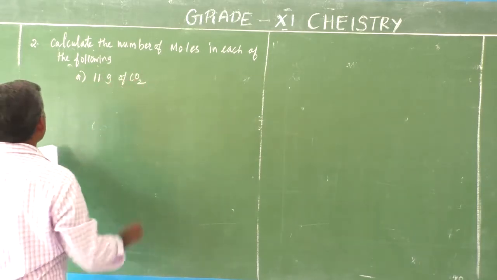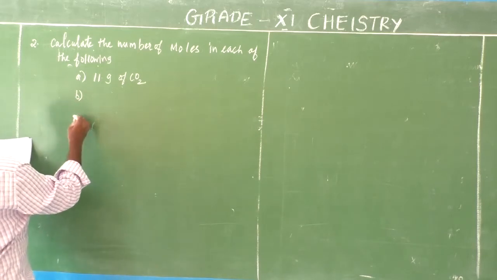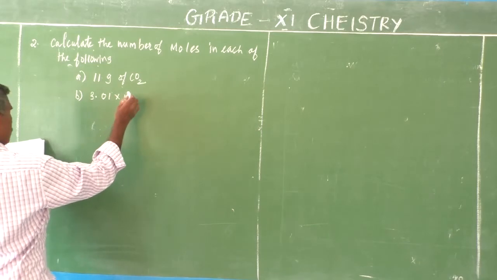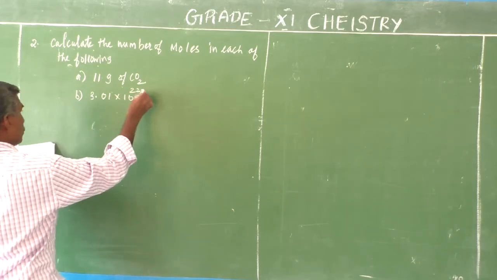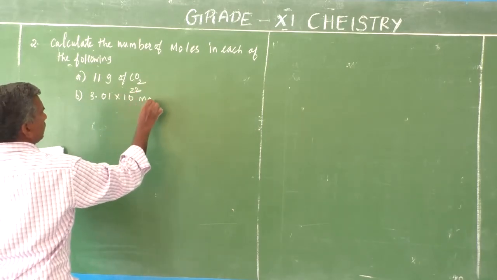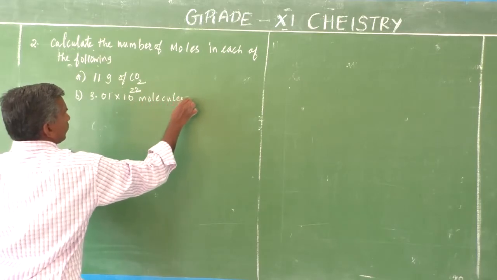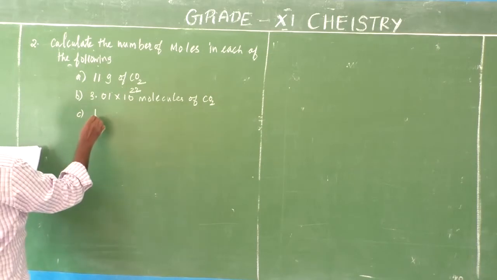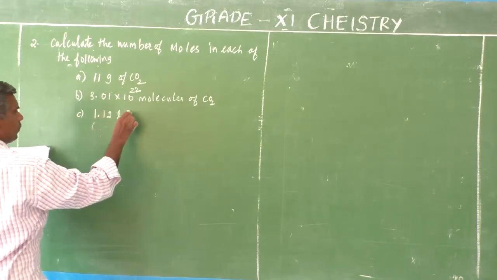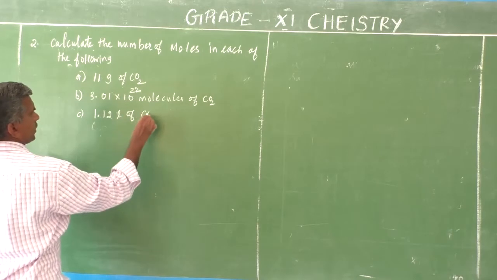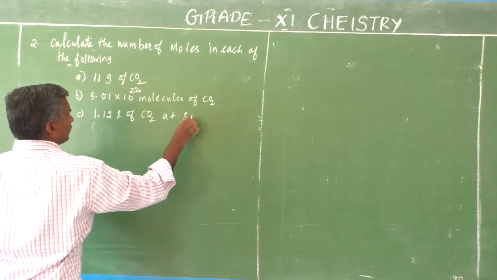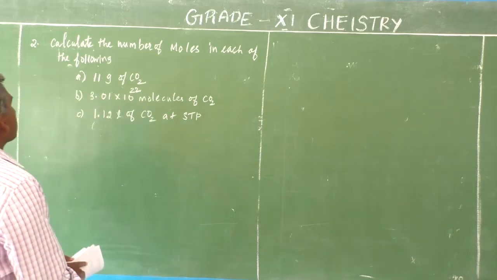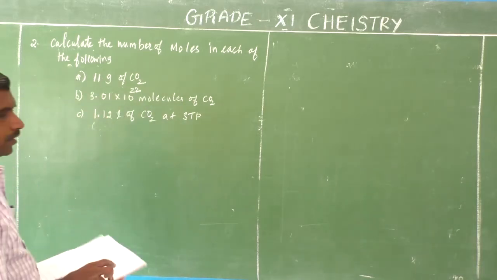B: 3.01 × 10^23 molecules of carbon dioxide. C: 1.1 liter of carbon dioxide at STP. See, here 3 sums are there. Here 3 problems. Calculate the number of moles.